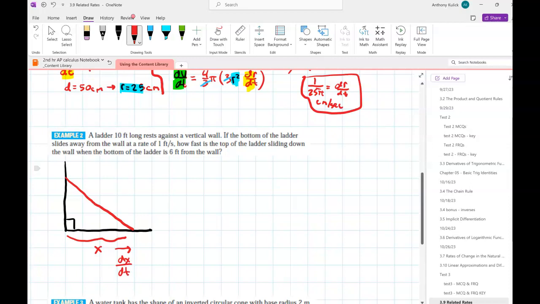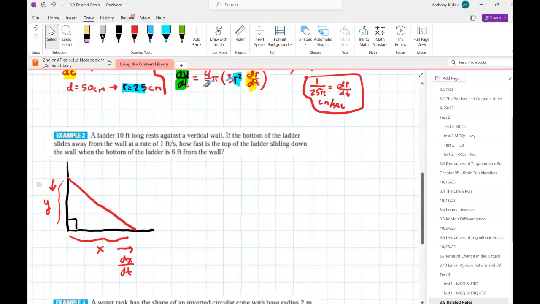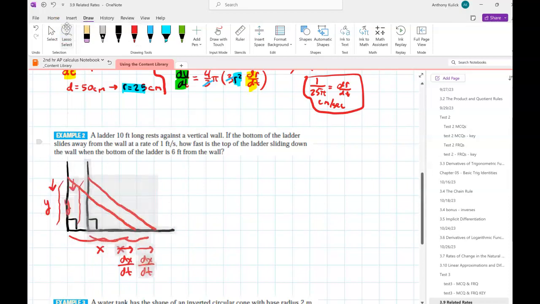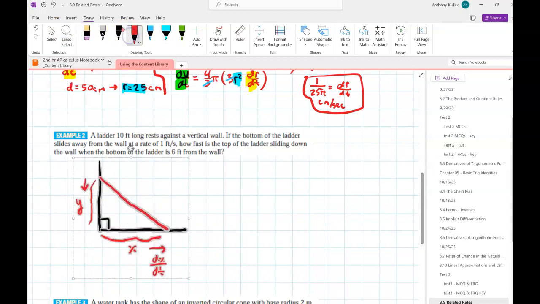Excellent. This side we're going to name y because it's up and down. And we know that the ladder is moving down that direction. So we're going to call that motion dy dt. I'm going to just move it over a little bit.